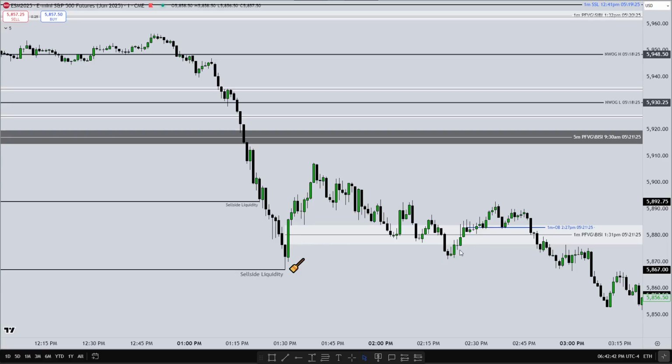and I was looking at, by the way, before I even continue, actually, the 5-minute first presentation fair value gap, the reason it's black, I wasn't really looking at it. So usually the white ones are for the first 30 minutes, like after the 30-minute mark. So like 2:30, for example, or 1:30 or 12:30 is where I draw the first presentation.